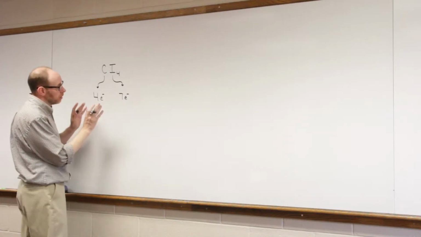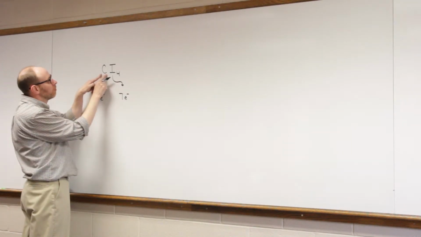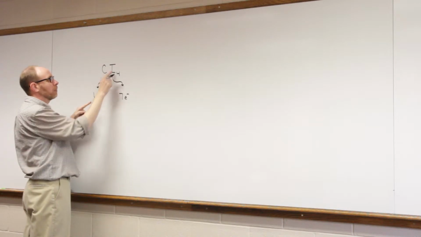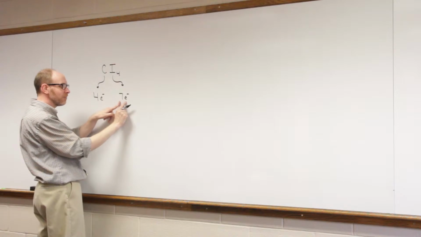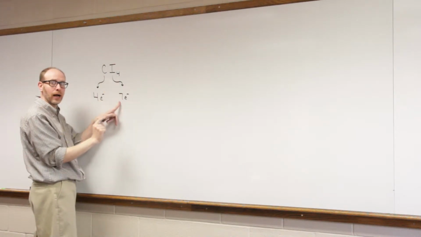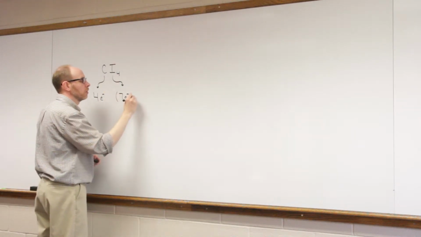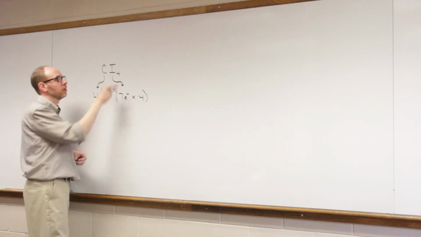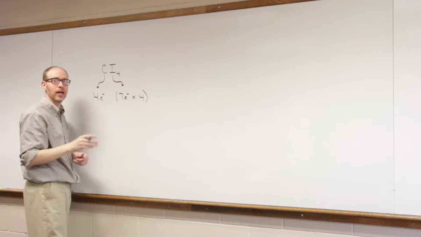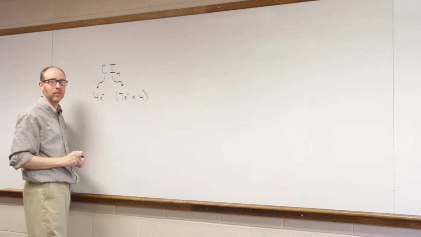Now, remember that in this molecule we have 1 carbon atom and we have 4 iodine atoms. So we don't just have 7 valence electrons for 1 iodine atom, we have 4 times 7 electrons for the total number of valence electrons from all of the iodine atoms together.